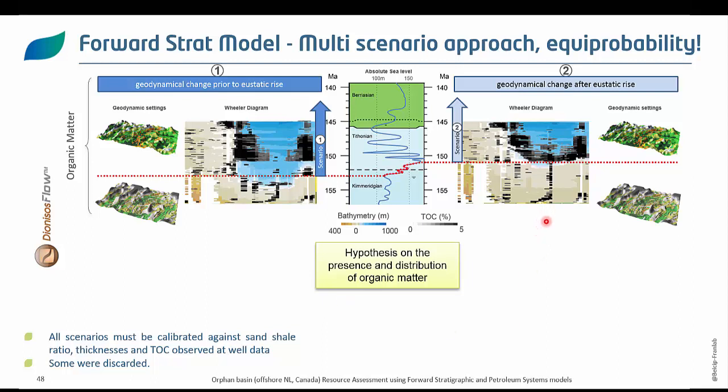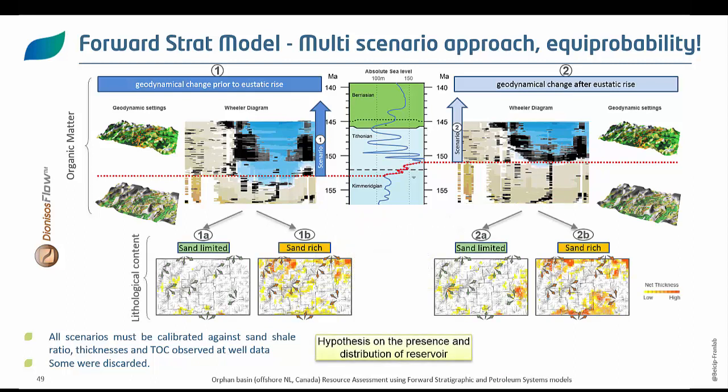In scenario two, because of the lesser impact of sea level rise, more restricted conditions remain in the subsiding but less connected grabens. This will favor the preservation of richer organic matter clusters, but on more localized and smaller areas.